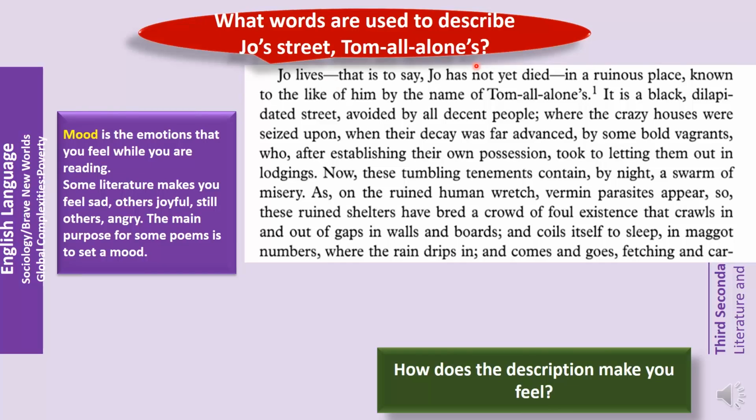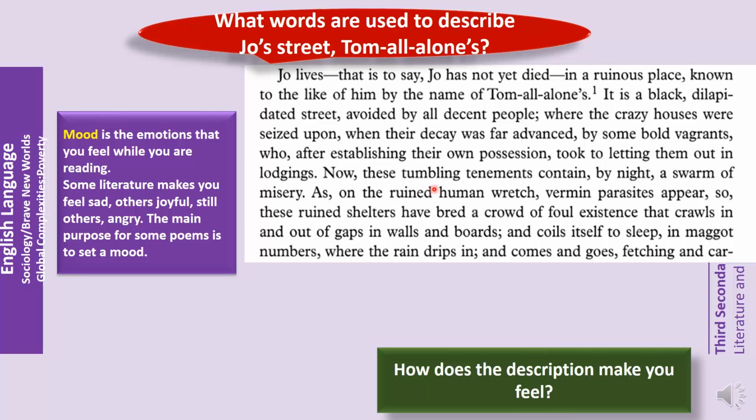Joe lives, that is to say, Joe has not yet died, in a ruinous place, known to the like of him by the name of Tom All Alone's. It is a black, dilapidated street, avoided by all decent people, where the crazy houses were seized upon when their decay was far advanced by some bold vagrants who, after establishing their own possession, took to letting them out in lodgings.